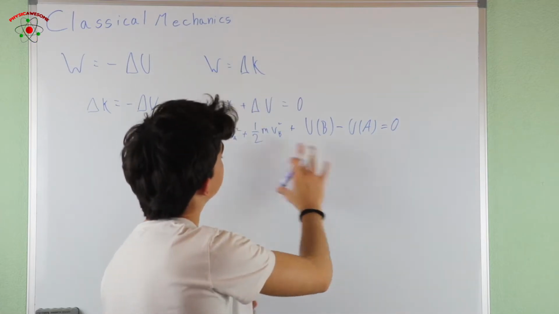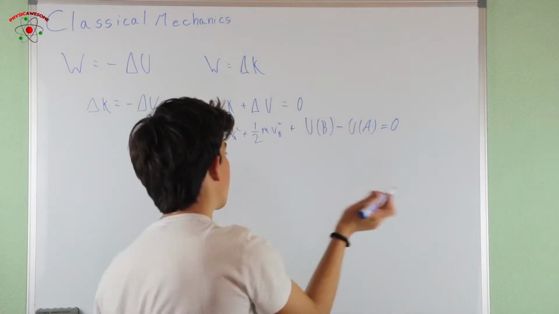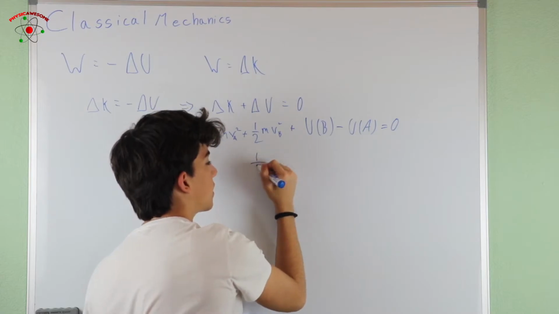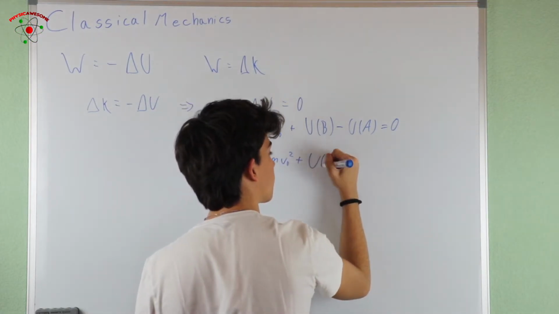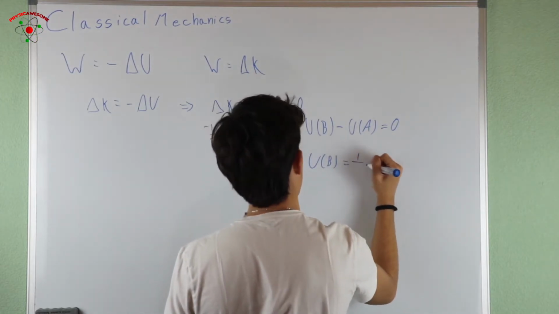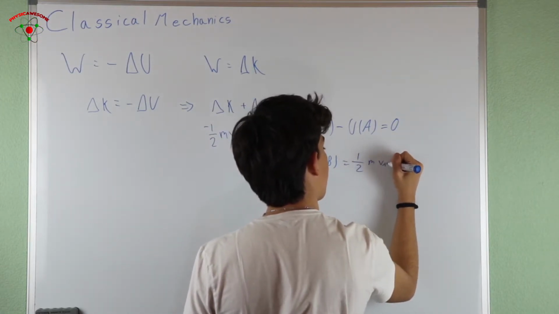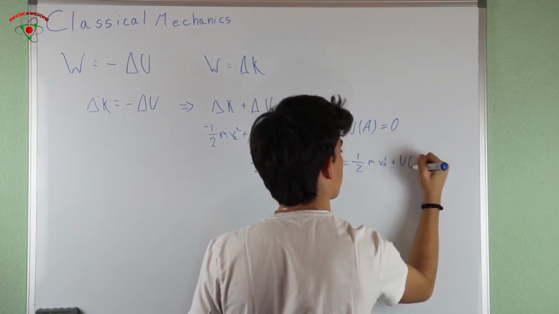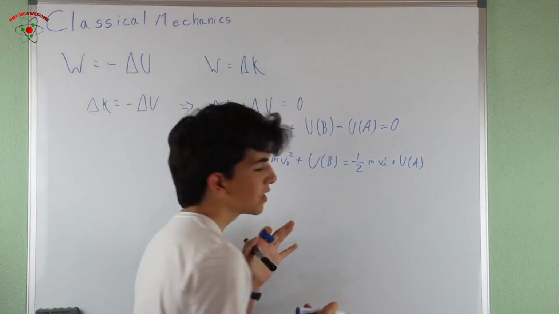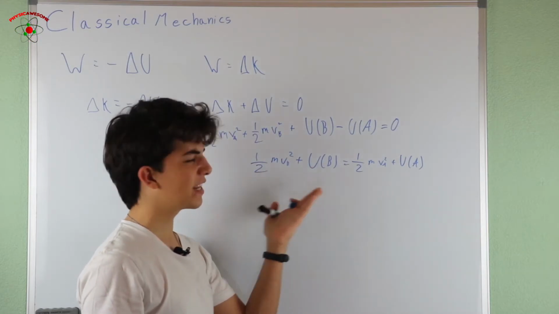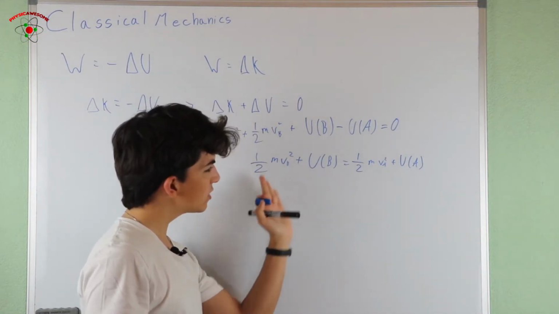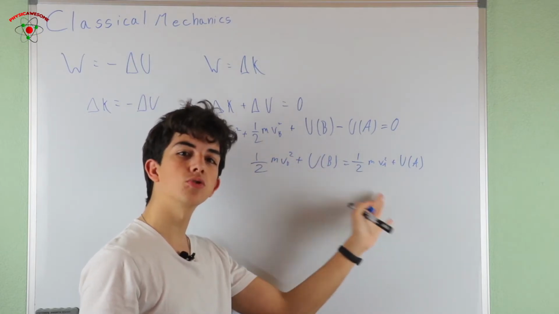So if we get all the A quantities to that side, we get that 1/2 m v_B squared plus U_B equals 1/2 m v_A squared plus U_A. And this gives us a sense about a quantity that is important because it's conserved in between these 2 points.